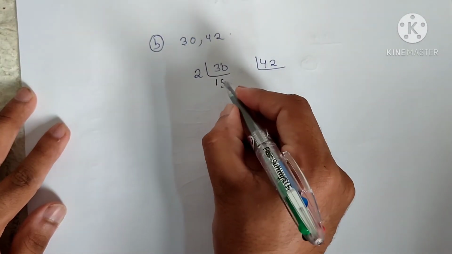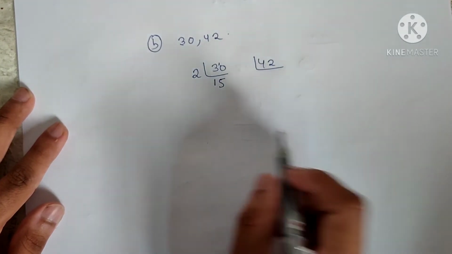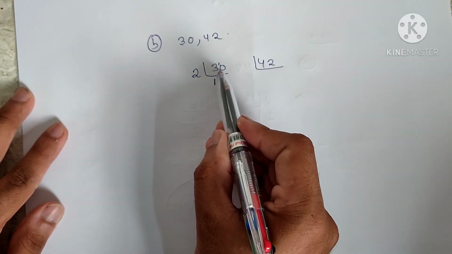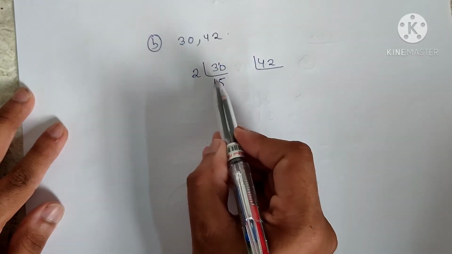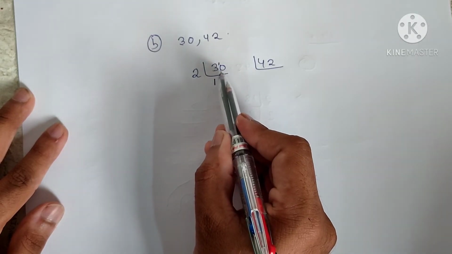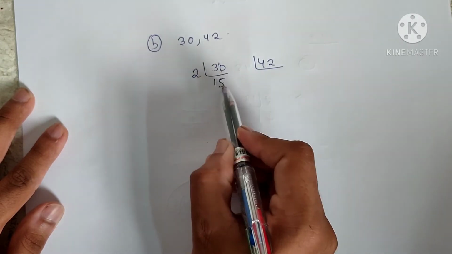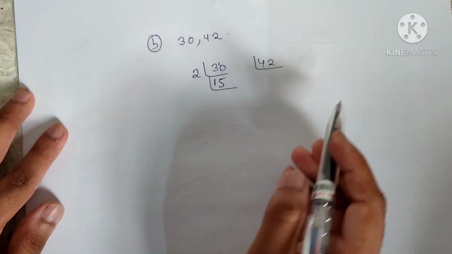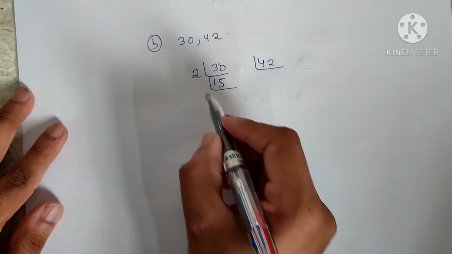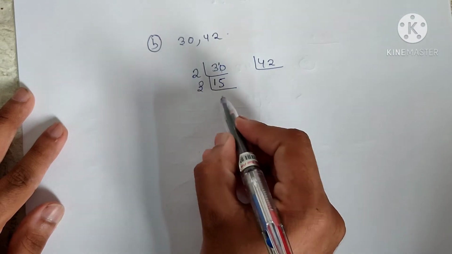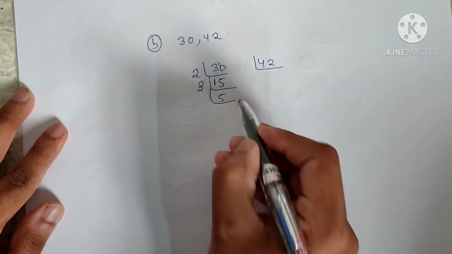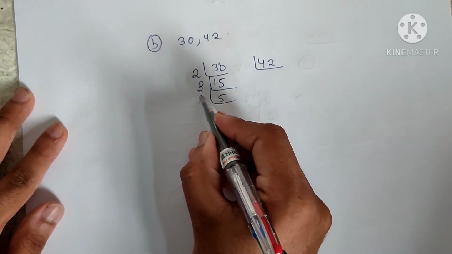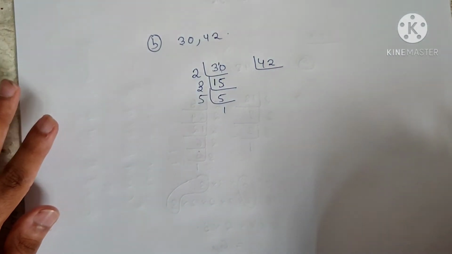So 2 5s are 10. In this way you have to solve. Last, what do you get here? 3 5s are 15. Can you divide 5? 5 1 is 5. Okay, only this much for 30.